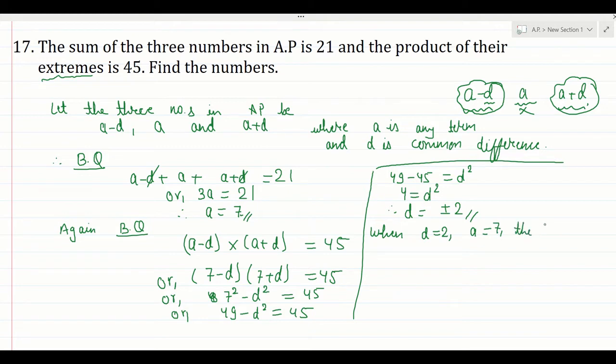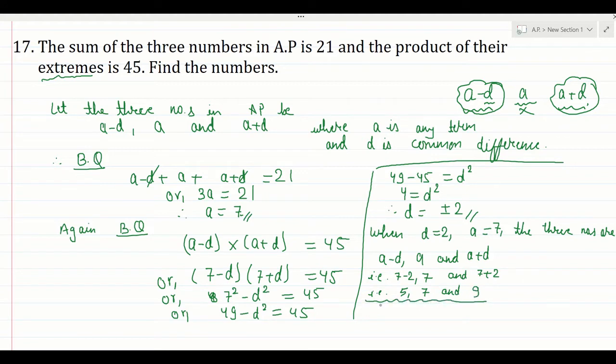The three numbers are A minus D, A and A plus D. That is how much? 7 minus 2, 7 and 7 plus 2, which is equal to 5, 7 and 9. Isn't this?